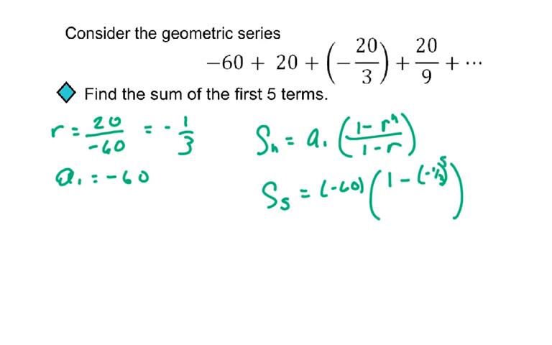It needs to be raised to the 5th power because we're looking for the sum of the first 5 terms. You can stick that into your calculator and you get, I think, about negative 45.1852 when we get done with that.